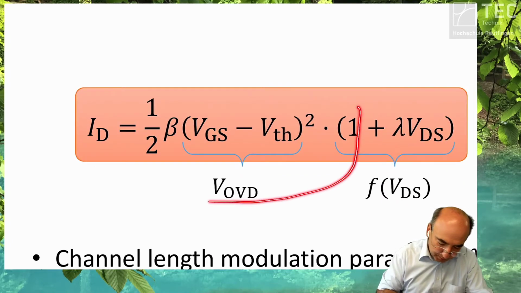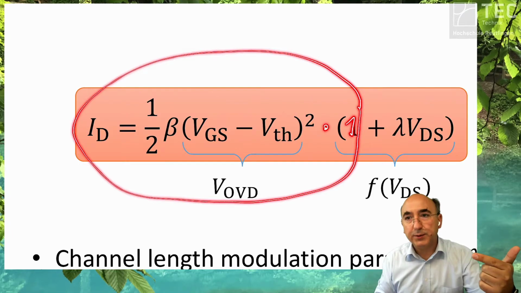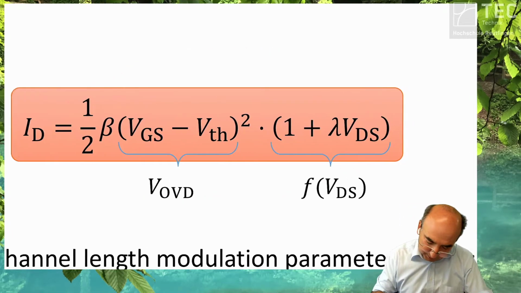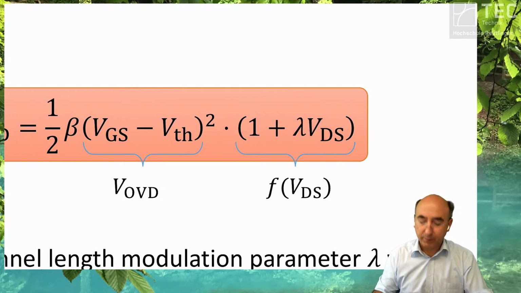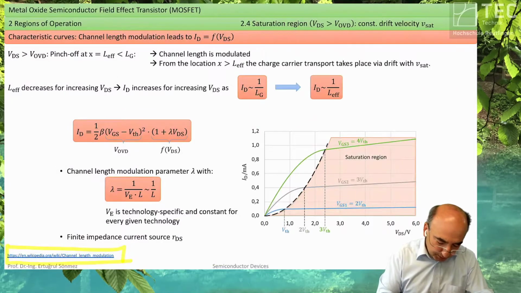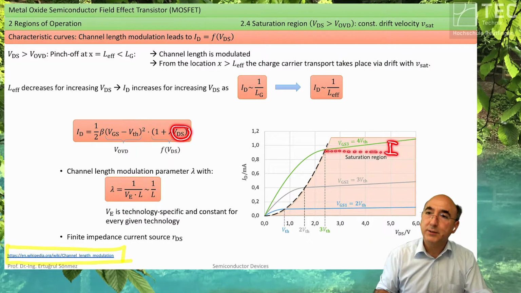The constant part is taken into account by the factor 1, and the additional part is plus lambda VDS. What is that for? If you have a constant value for lambda, then for increased drain voltages you have an additional portion of current.